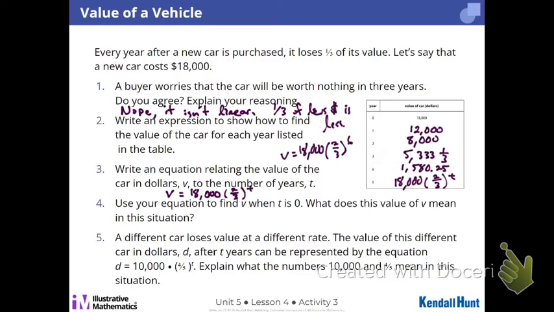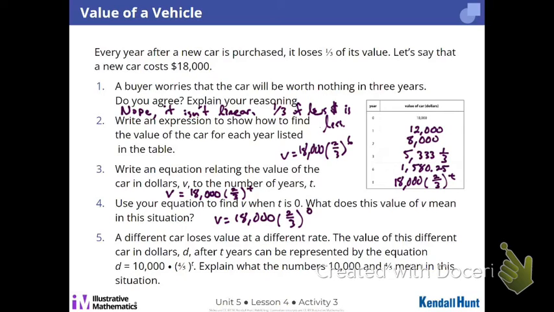Then we're going to find when t is 0. What does that mean in context when t is 0? T is years, so 0 years, right? So before we even do this, what should it be? It should be 18,000. And let's make sure.